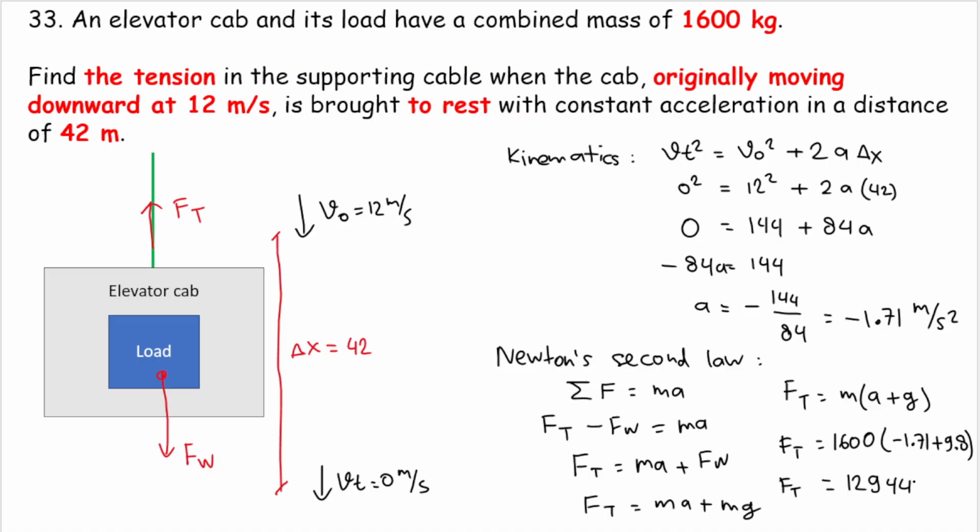The unit here is kilogram meter per square second, and that is newton. Or I think I can write it in kilonewtons. So we have Ft is equal to 12.944 kilonewtons.